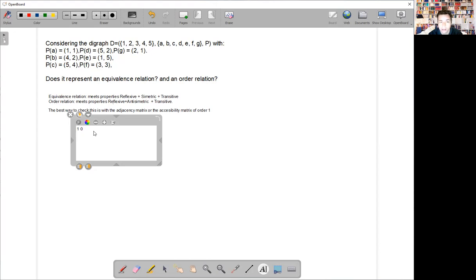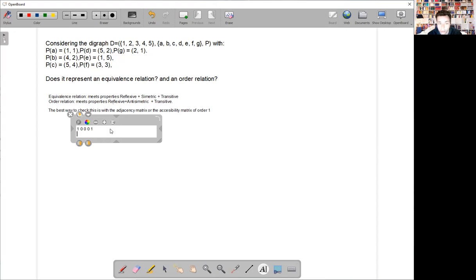We don't have any path of length 1 from 1 to 3, we don't have any path of length 1 from 1 to 4, and we do have a path of length 1 from 1 to 5, right? So we put a 1 in the position 1, 5 of the accessibility matrix of order 1.